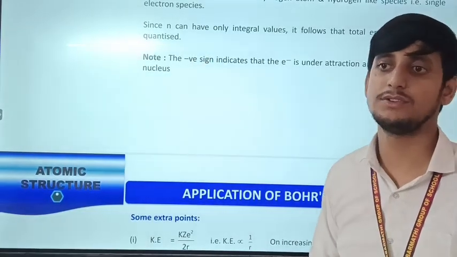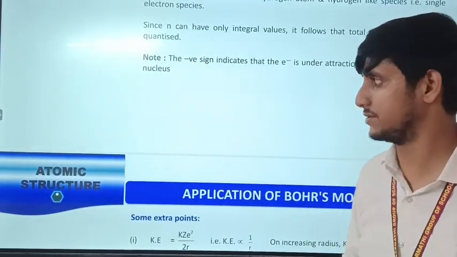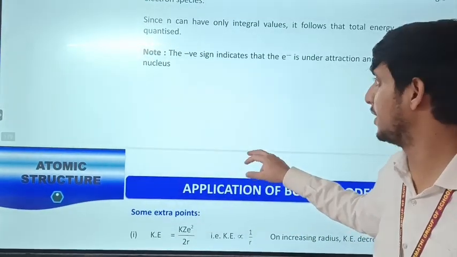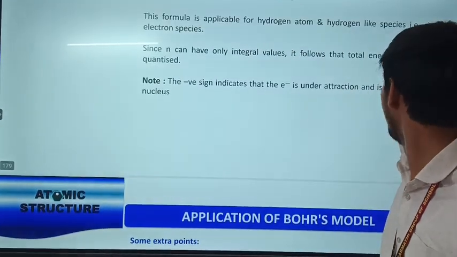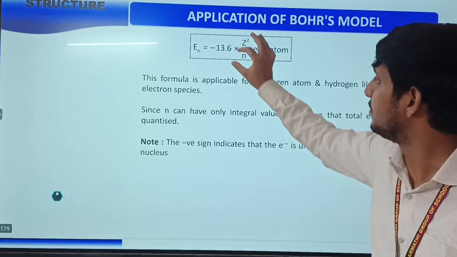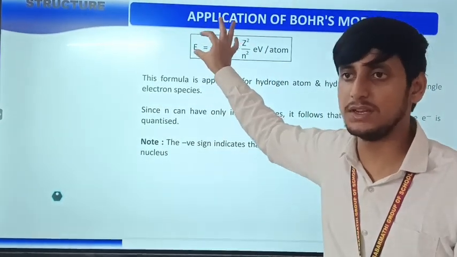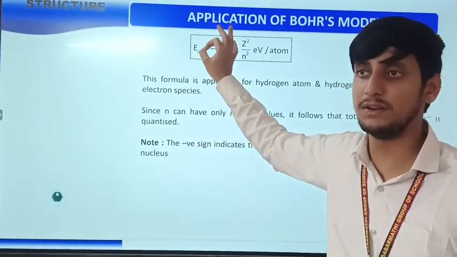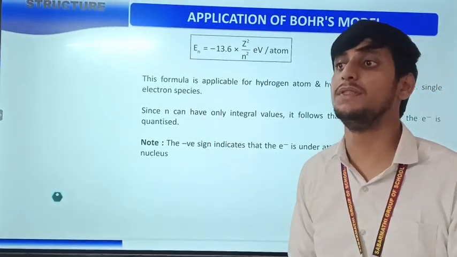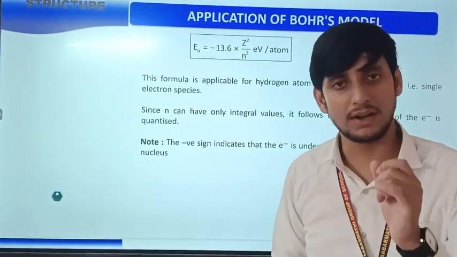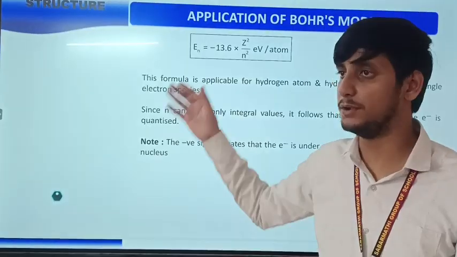Quantized means having some fixed energy. The negative sign indicates the electron is under attraction, bound to the nucleus by the attraction force. That's why we use negative.